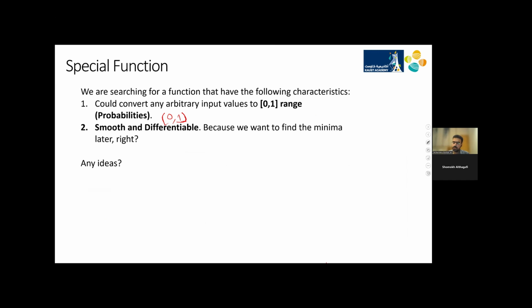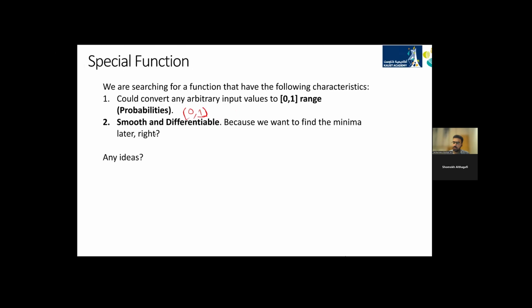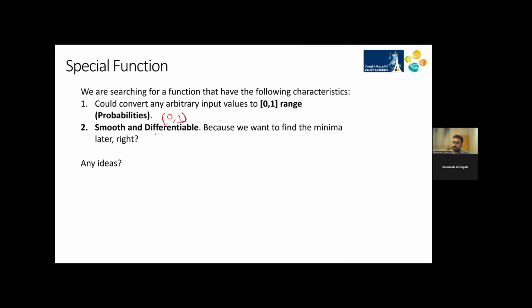And second, it should be smooth and differentiable. By smooth, I mean that it should be continuous. There shouldn't be any jumps in it. And it should be differentiable because we will need to do gradient descent, which we will come to in a bit. And it should be easily differentiable too.